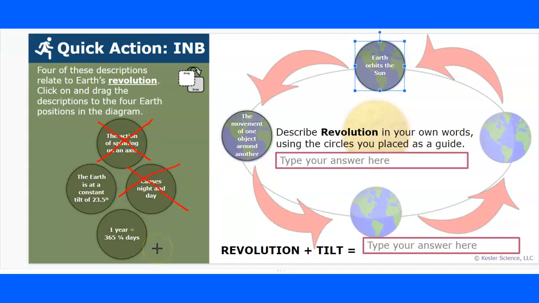Okay, and then finally, 1 year equals 365 and a fourth days, or 365.25 days. Yes, this is true because it takes Earth 365 and a quarter days to get all the way around the sun. All right, next. So you should be dragging. The Earth is at a constant tilt, and 1 year equals 365 and a quarter days over.